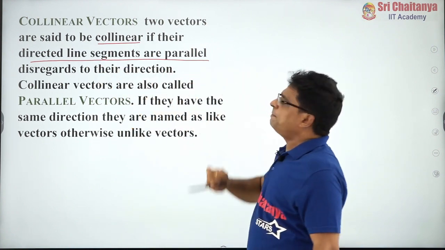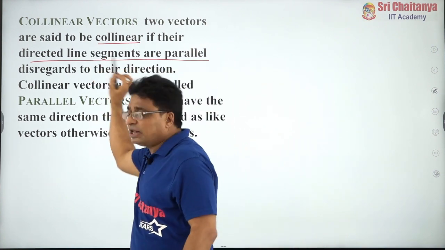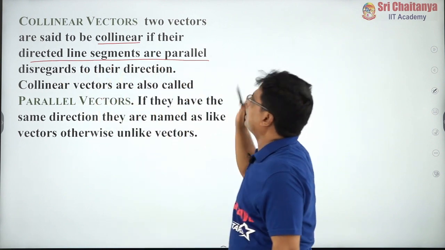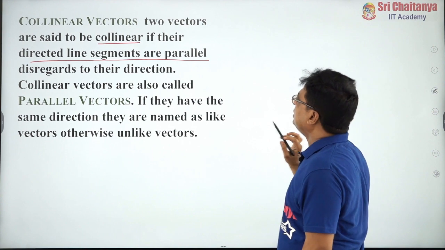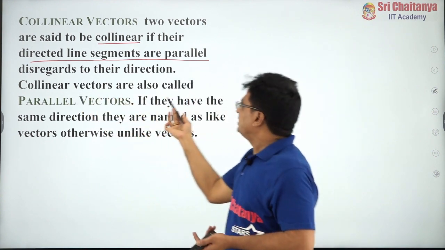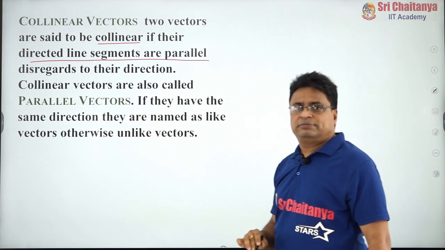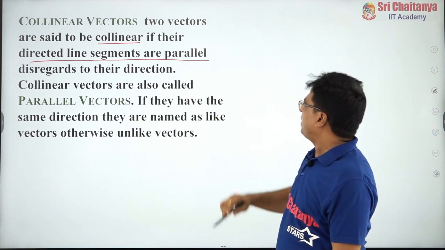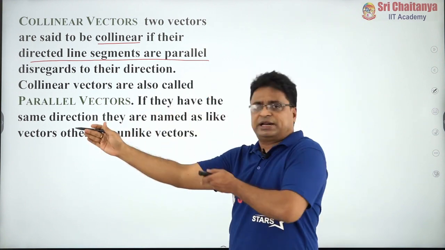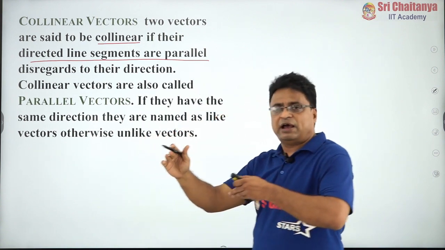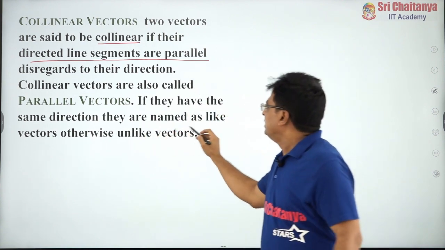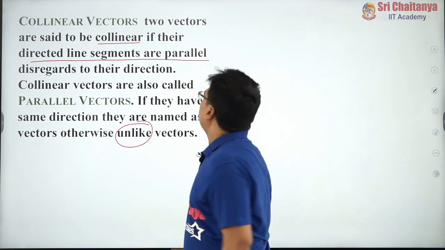Here, not line segments, directed line segments are parallel, disregarding their direction. We can also say that collinear vectors are parallel vectors. Collinear vectors are also called parallel vectors. If they have the same direction, we can say that the vectors are like vectors. If they have opposite direction, then immediately we can say that the vectors are unlike vectors.